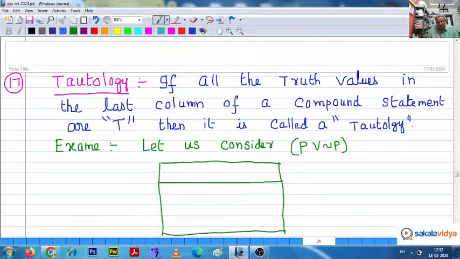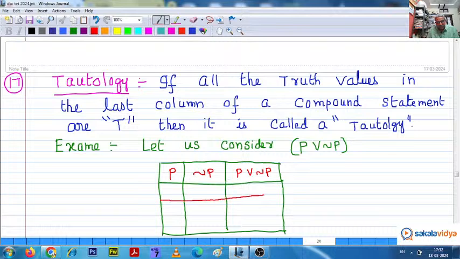Now you can write this is P, this is negation P, this is P or negation P. So, let us write P, negation P, P or negation P. Now you can check the truth values.